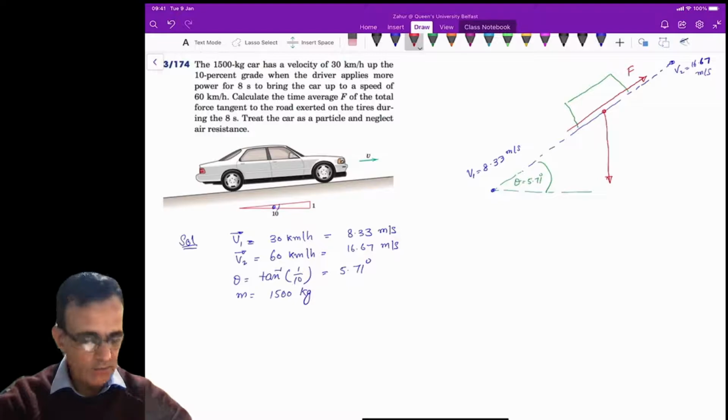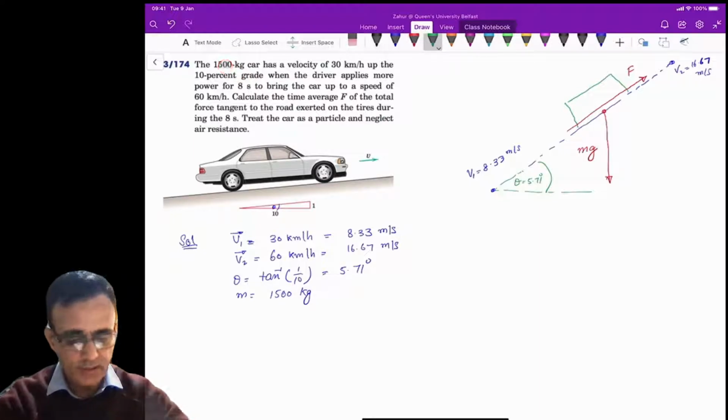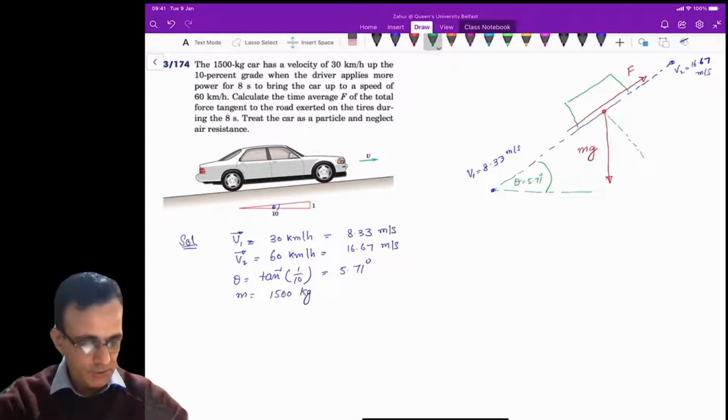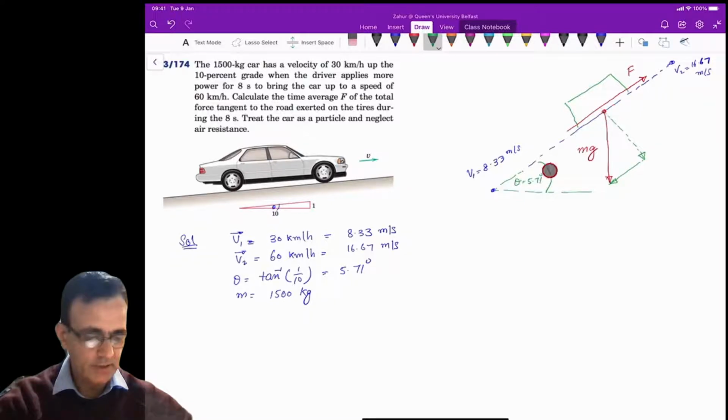So the weight of the car will be mg. So m is given, which is 1500, and g is 9.81. Now we can split this mg into two components. One will be normal to the plane, and one will be in the direction of the plane, or in the direction of the road. And this angle is theta here.